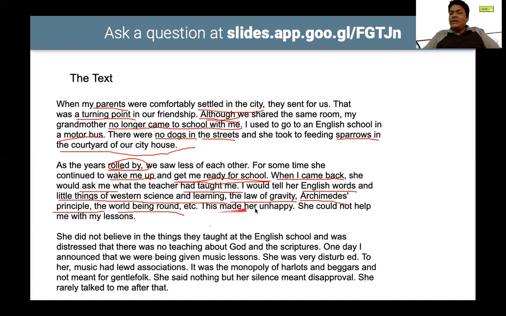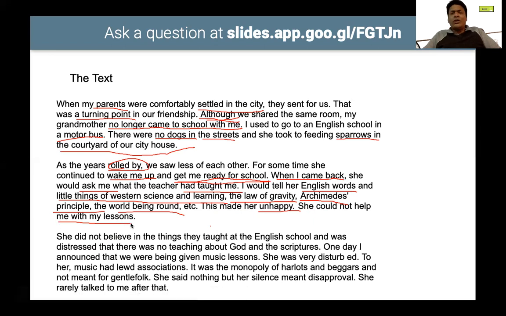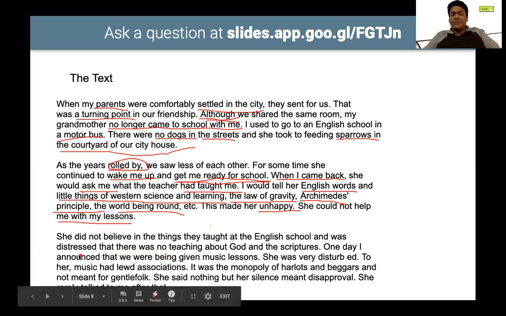And this made her unhappy. Why? Because she could not help the writer with his lessons, because she did not know all these things a lot. So that's why she could not help the writer with his lessons.